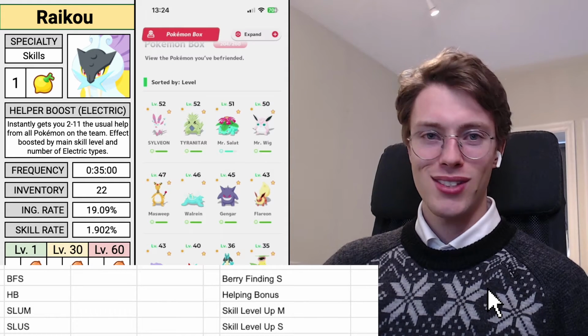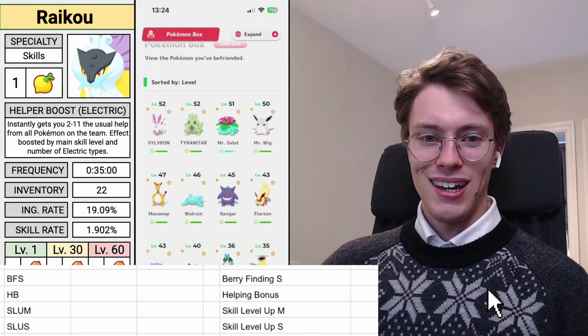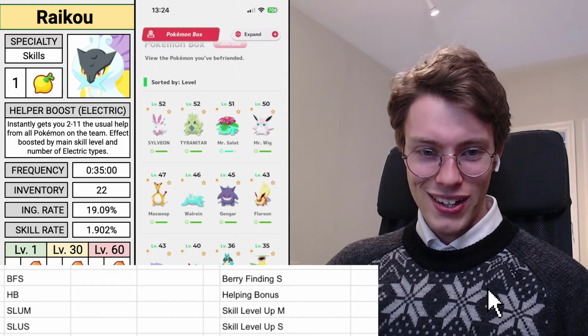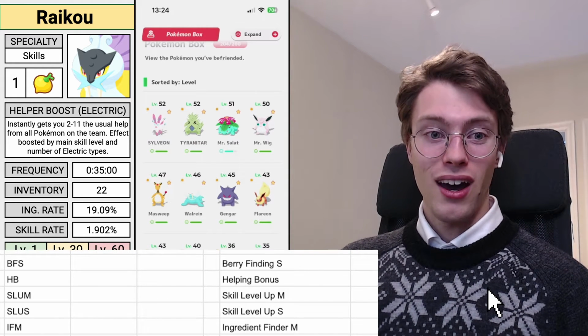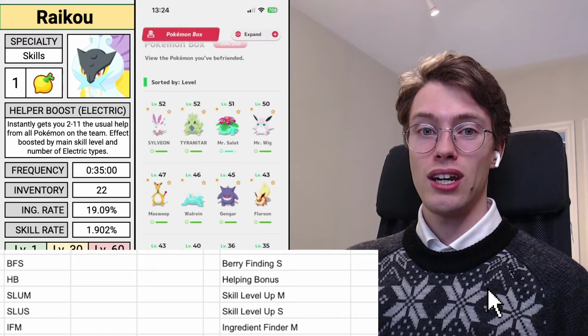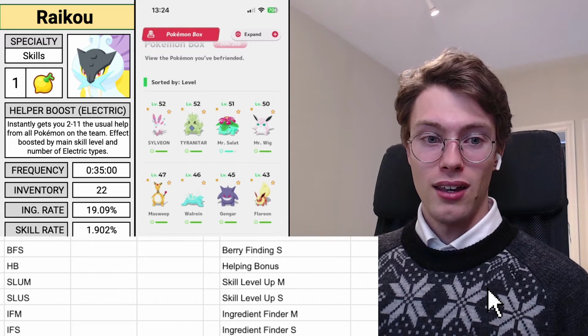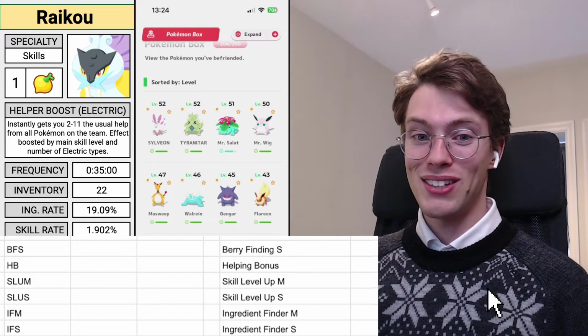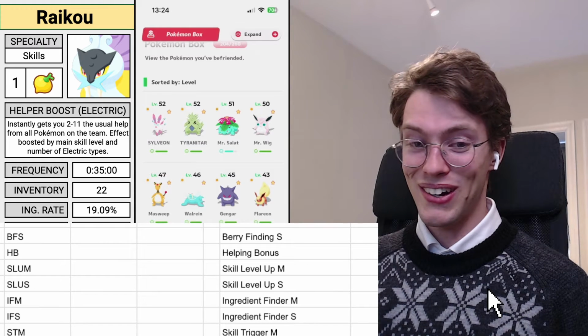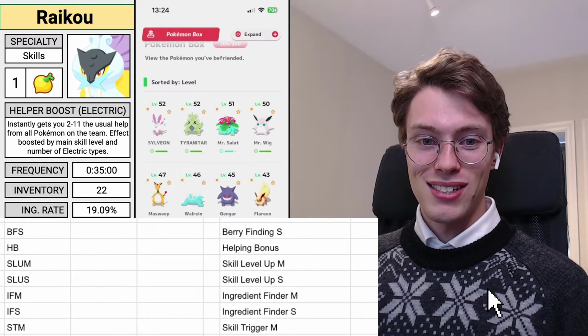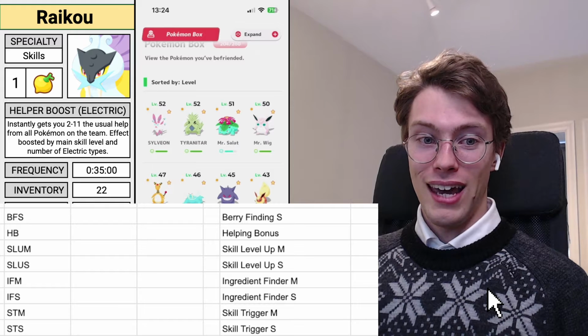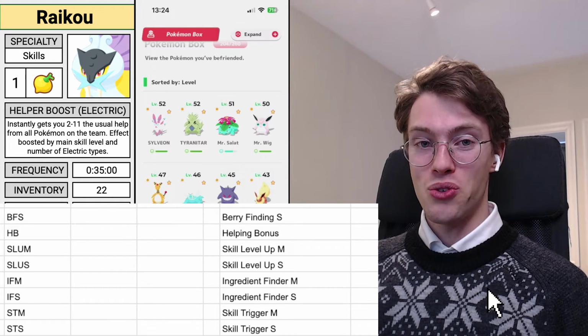We have SLUS, which is a little bit sus. It is the skill level up S. We have IFM, ingredient finder M. IFS, ingredient finder S. There's a pattern here. STM, skill trigger M, and STS, skill trigger S.